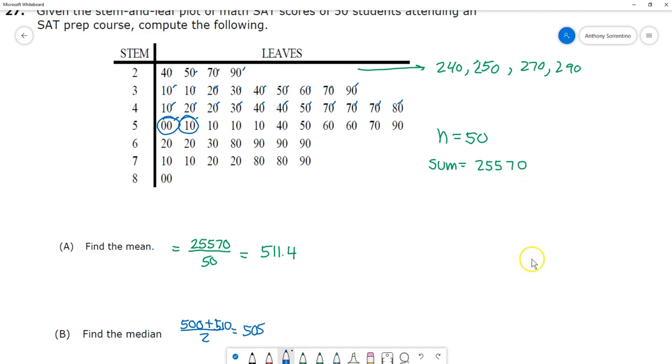Now as far as standard deviation goes, that would take up a considerable amount of space on this. But I would still do the same thing. It might be easier to make it into frequencies, but I don't see a lot of repeating numbers. So I would have to take the 240 minus the 511.4, square that, take the 250 minus the 511.4, square that, and do that for all the data.